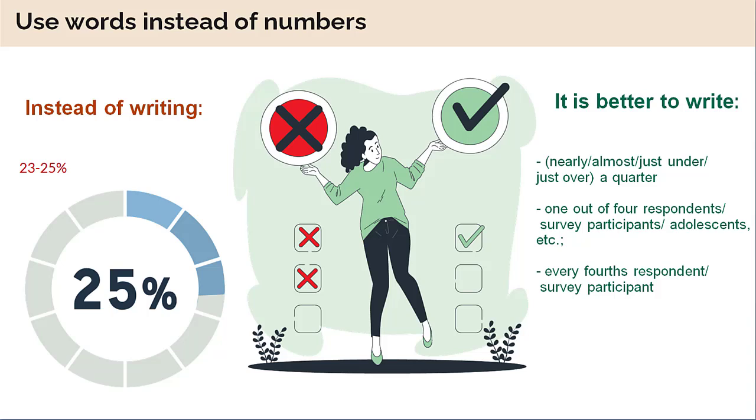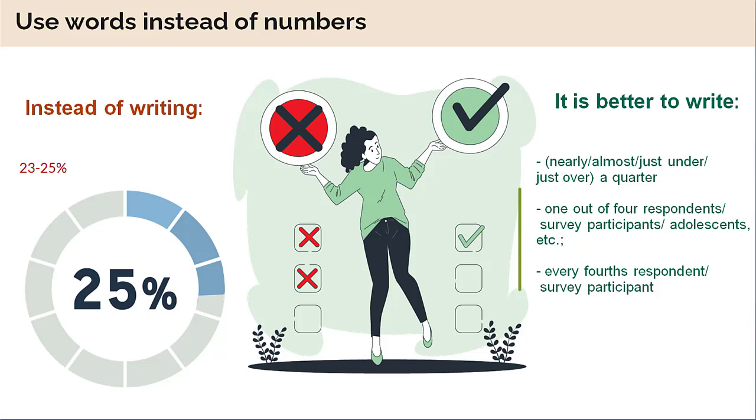And then again, instead of writing 25%, better to write a quarter, nearly a quarter, almost a quarter, just under a quarter, just over a quarter. Play with these words as you like, but please don't write 23 or 25% in numbers.